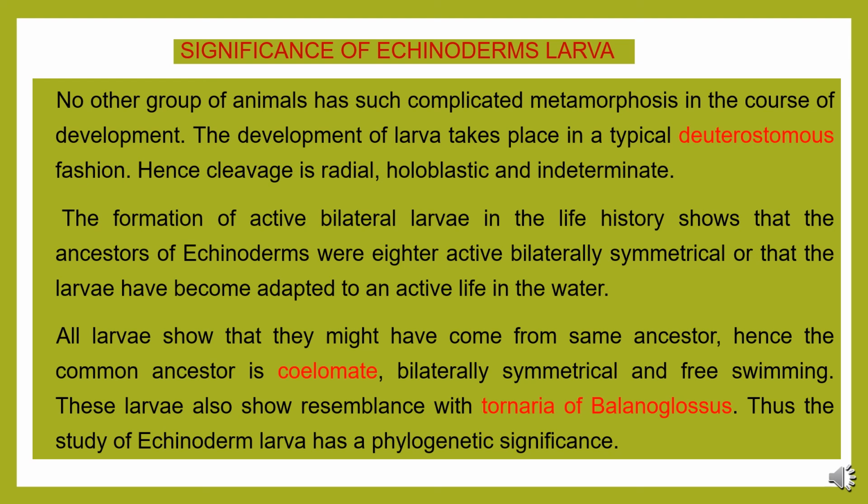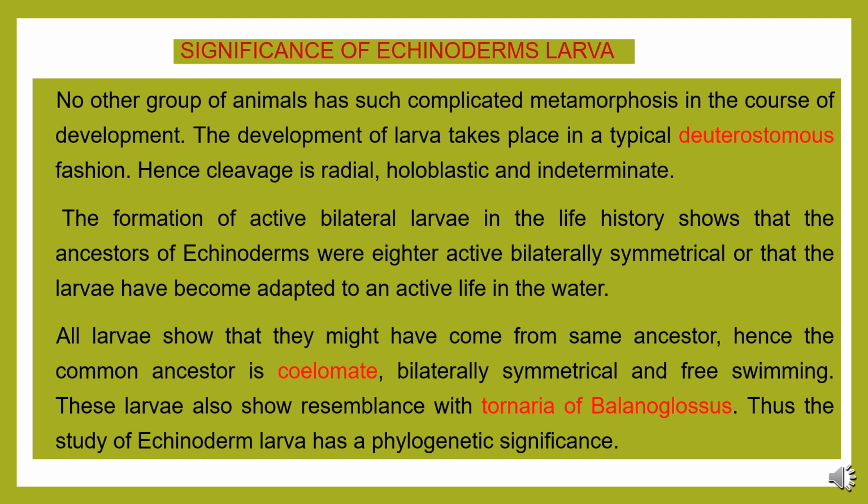The formation of active bilateral larvae in the life history shows that the ancestors of echinoderms were either actively bilaterally symmetrical or that the larvae have become adapted to an active life in the water.